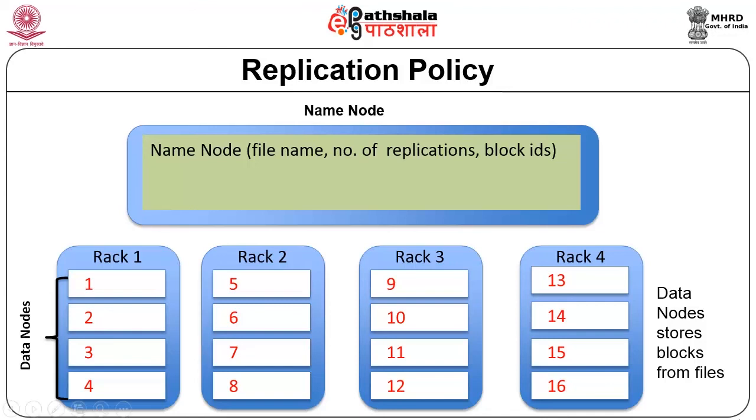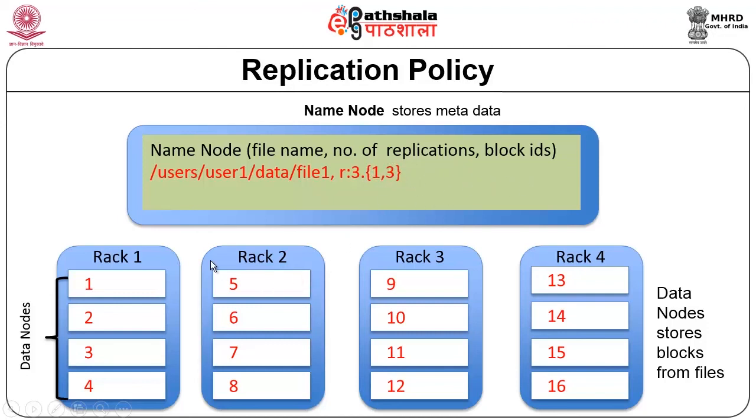That complete information is stored with the name node. In this example we see that the name node is storing this information: file name, the number of replications, and the block IDs of the file. First there is a path given for file 1, and there are 3 replications for each block, and there are 2 blocks, block number 1 and 3.